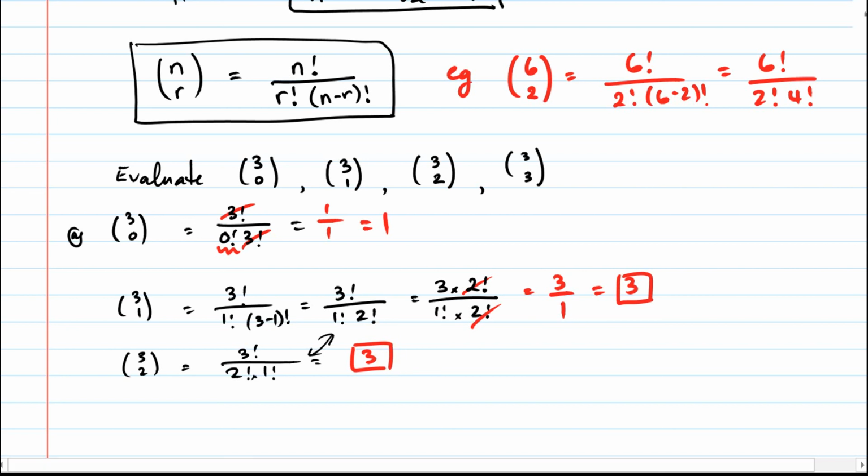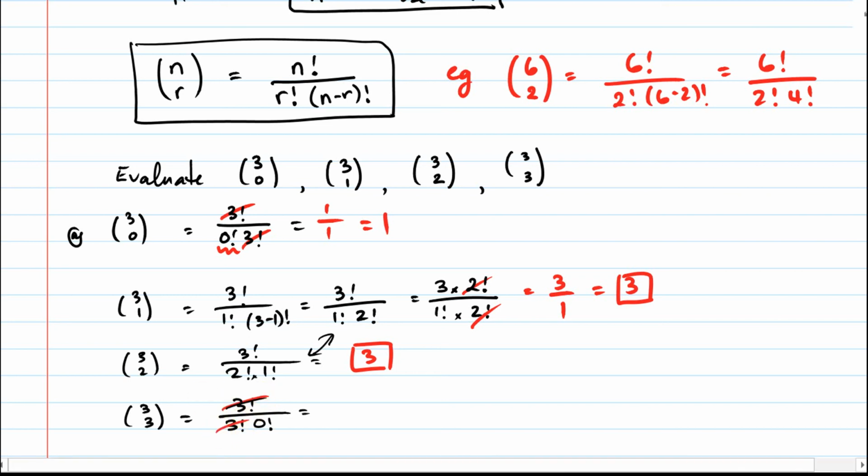And lastly, let's look at our 3 choose 3. This was 3 factorial over 3 factorial. Those will be cancelling. Take the two numbers and subtract, and we end up with 0 factorial. So in going about this, we can cancel 3 factorial.